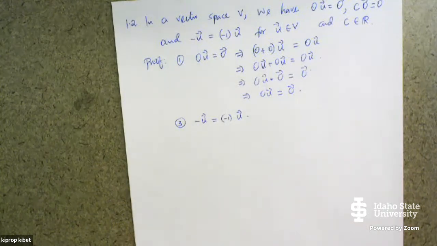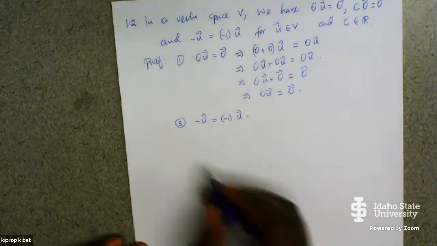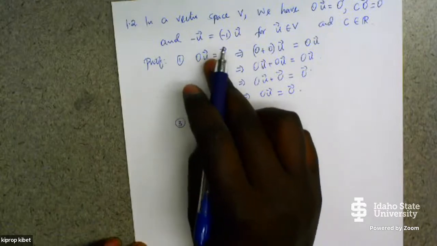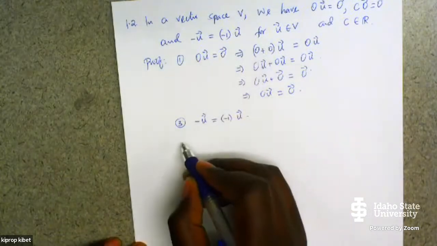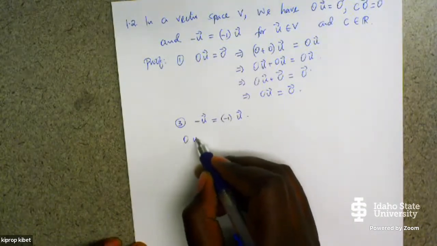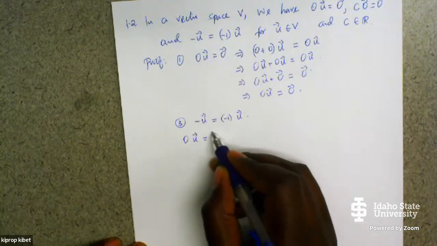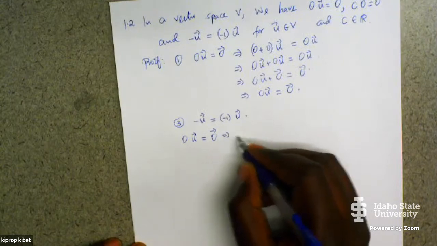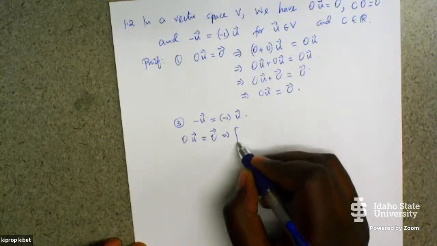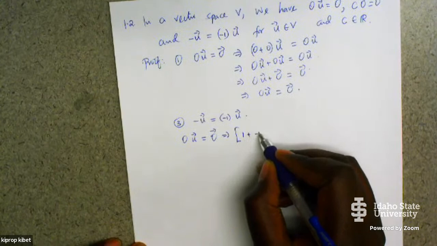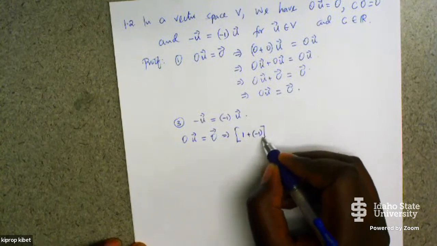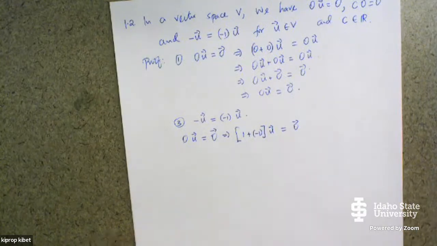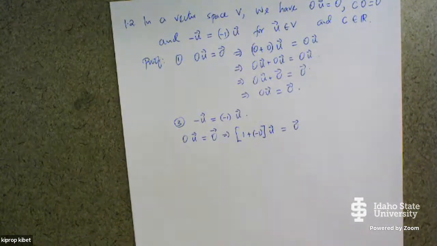To prove this, we can just use the first one, whereby 0 u equals the 0 vector. Then in this case, 1 plus minus 1, times u, is equal to what? The 0 vector.